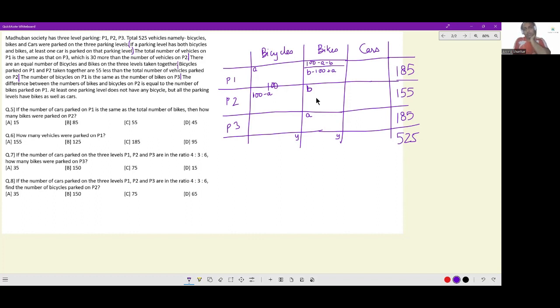Because both of these possibilities exist, I am going ahead and creating a separate table where the second possibility will be recorded. So I have P1, P2, and P3, and I have bicycles and bikes and cars.